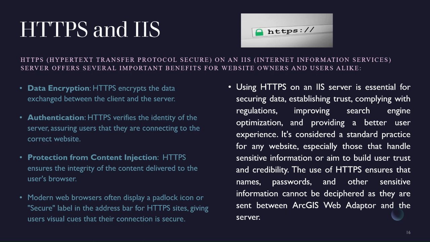Data encryption, as mentioned before, encrypts the data exchange between the client and the server. Authentication, which means verifying the identity of the server, assuring users that they are connected to the correct website. Protection from content injection, which means ensuring the integrity of the content delivered to the user's browser.